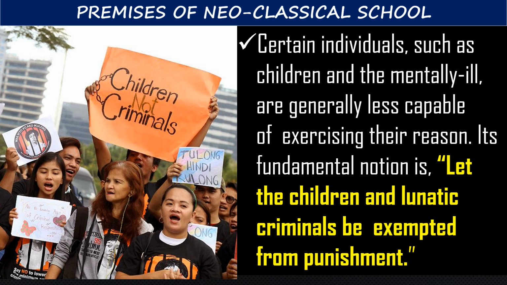They should not be treated as criminals because they need help instead. That's the idea. So in the neoclassical school, that particular principle was also emphasized, that children and lunatics should be treated differently from those people with normal rationality.